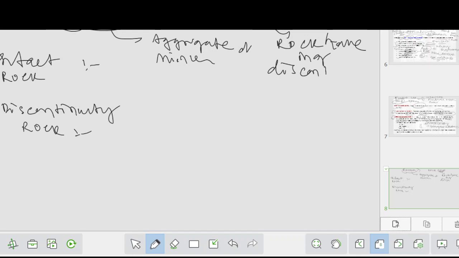Suppose this is a rock, or any terrain you are visiting, suppose these are mountain exposures.